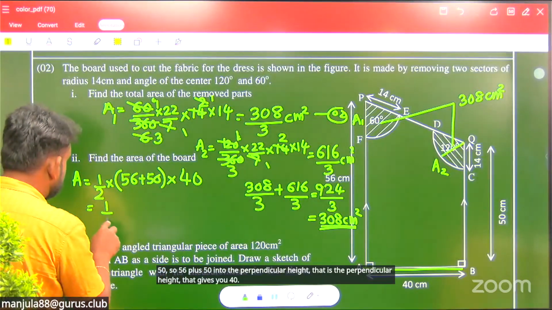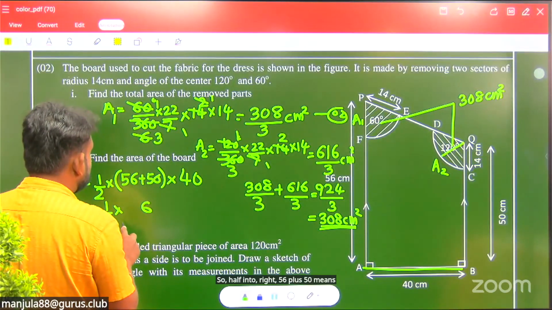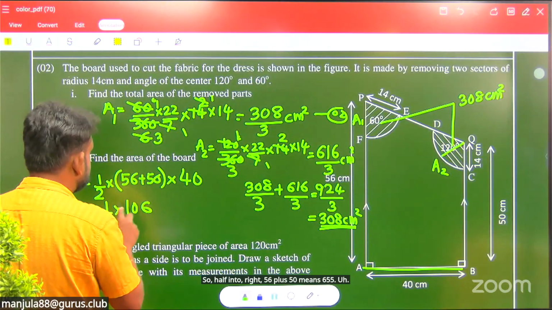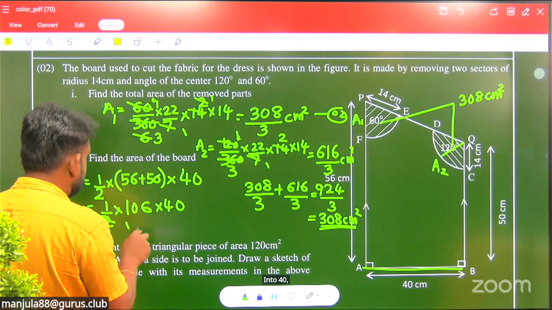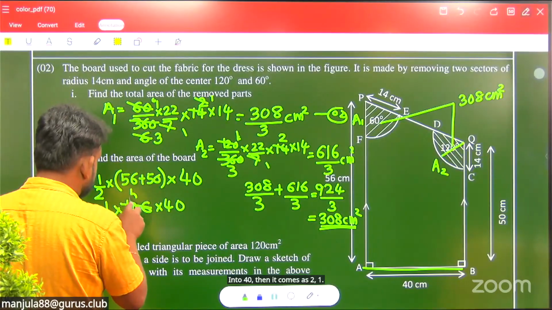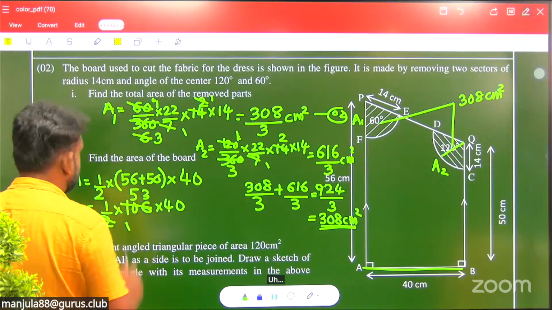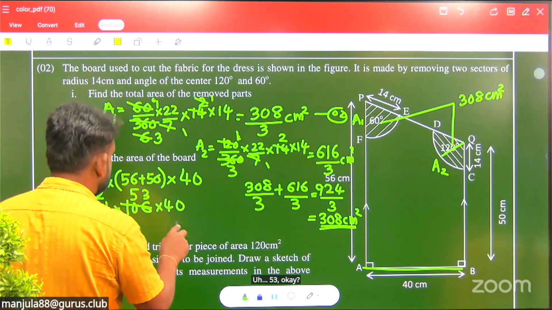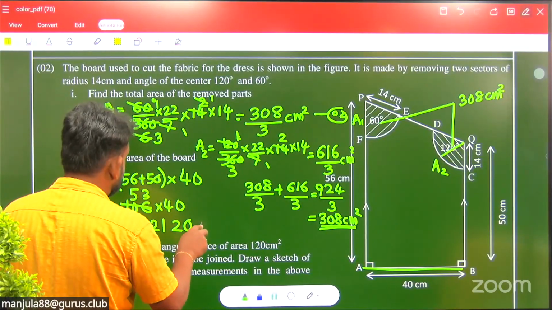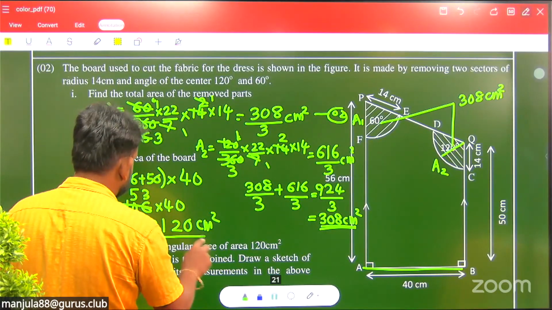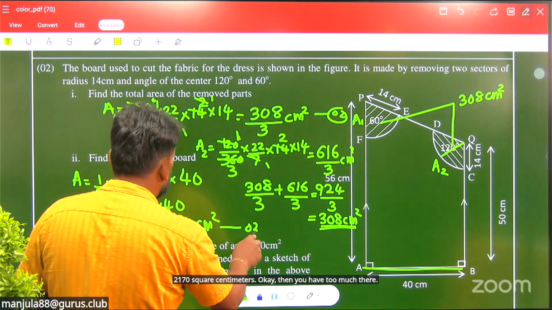So half into 56 plus 50, which is 106, into 40. Then it comes as 2170 square centimeters. Okay. Then you have 2 marks there, 3 marks there, 3 marks.